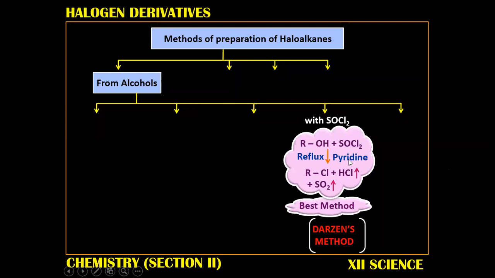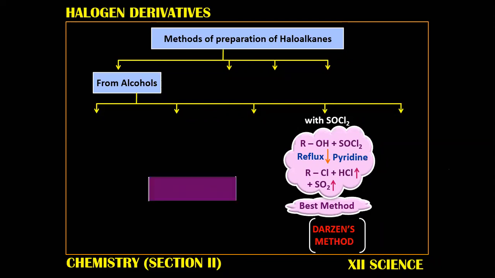Pyridine is a base, so acid reacts with base to form a salt. Therefore, further purification and separation of alkyl chloride is not required. Further separation is not required, and therefore it is the best method for preparing alkyl chlorides.